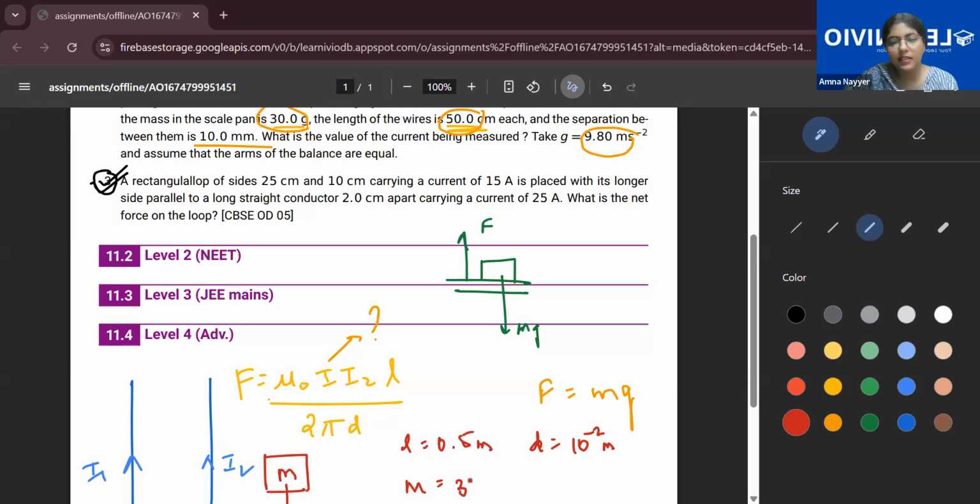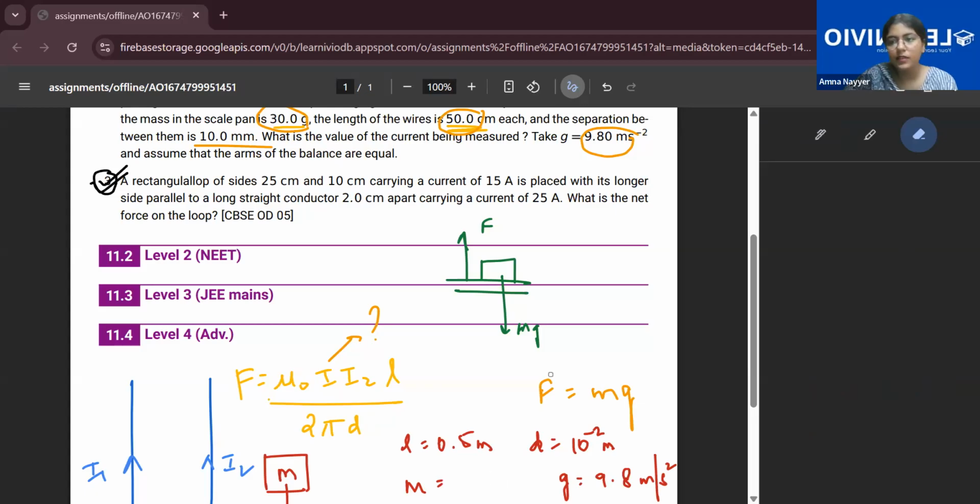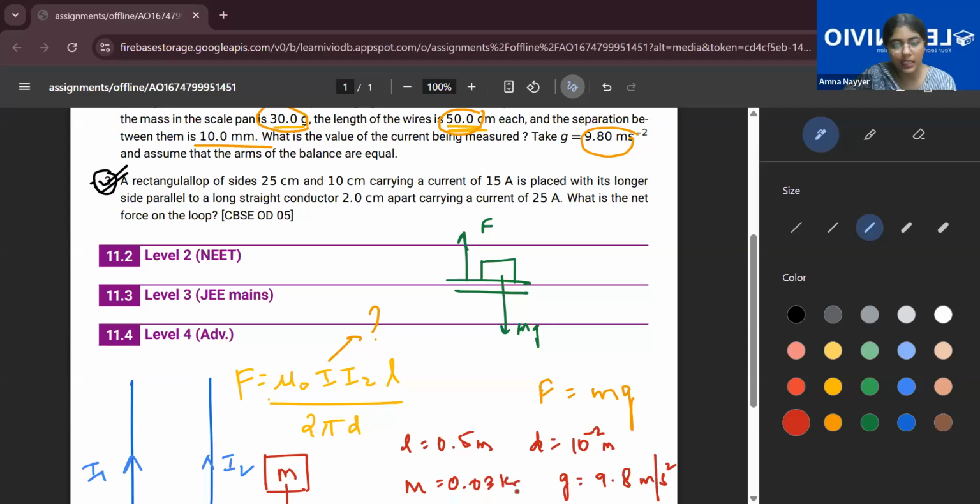Mass is given as 30 grams, so you can write it as 0.03 kg. And g is to be taken as 9.8 meter per second square. This will be 0.03 kg.